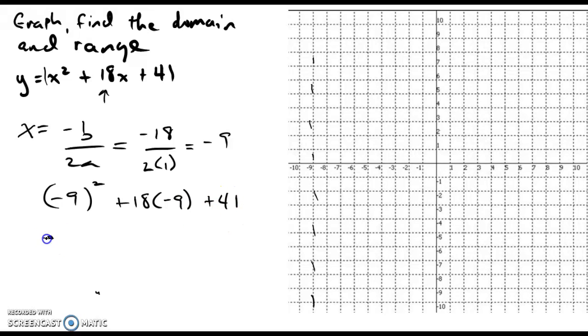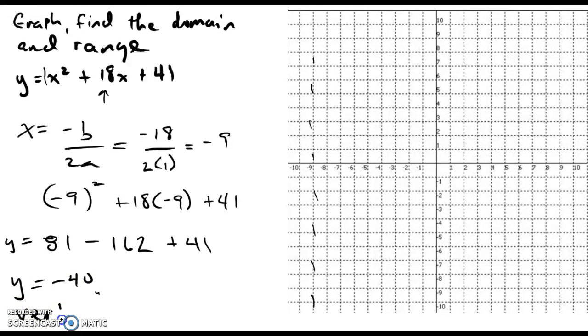So we've got positive 81, minus 90 plus 72, which is 162, plus 41. And we wind up with y is equal to negative 40. That means our vertex is happening at negative 9, negative 40.